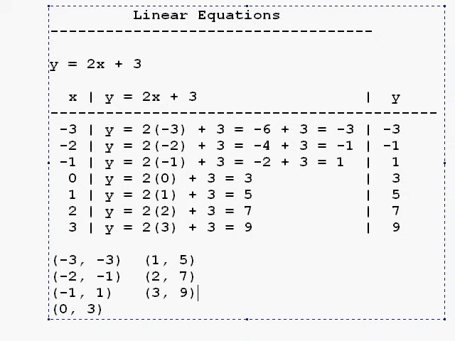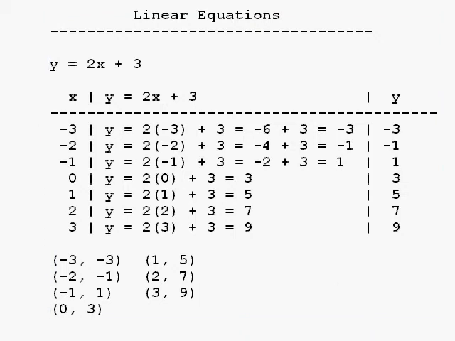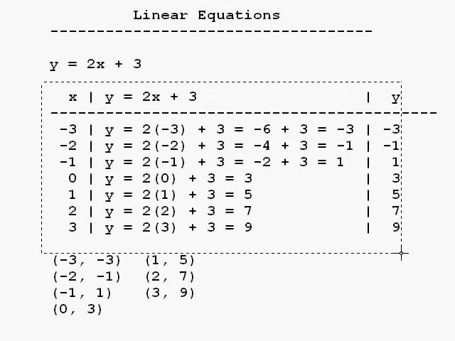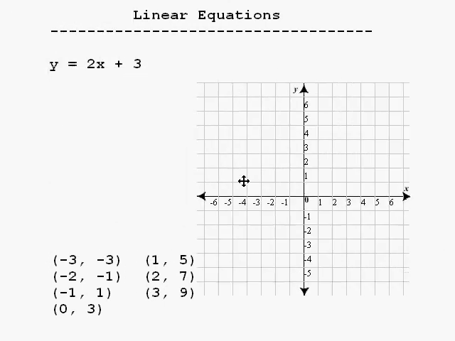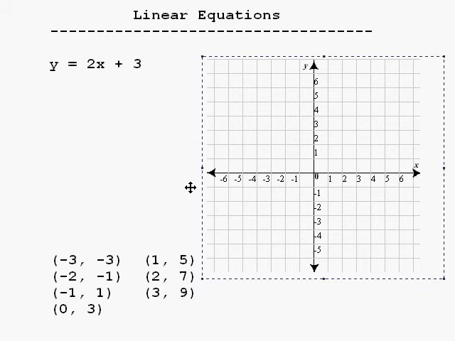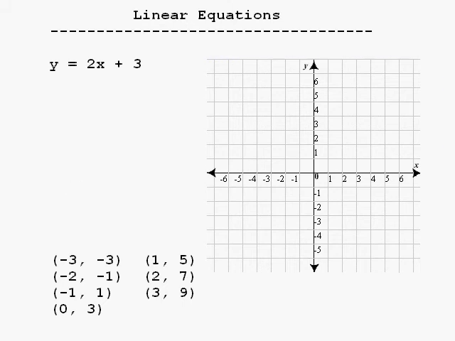Okay, let's look at what this would look like on a graph. I'll do it in red so we can see it a little easier. If we look at -3, -3, we go to -3 for x and -3 for y.